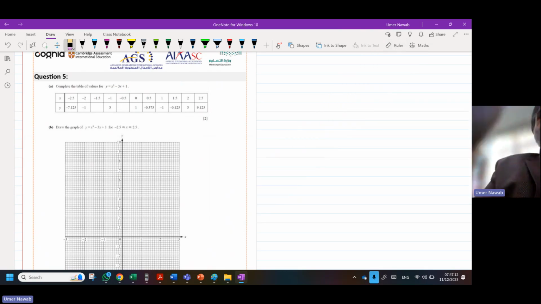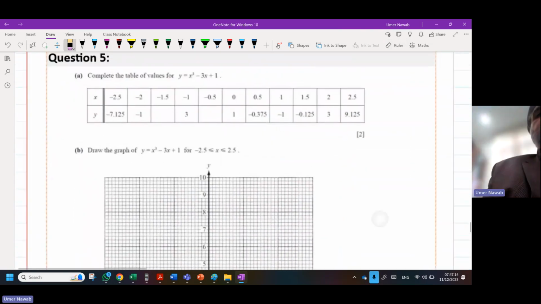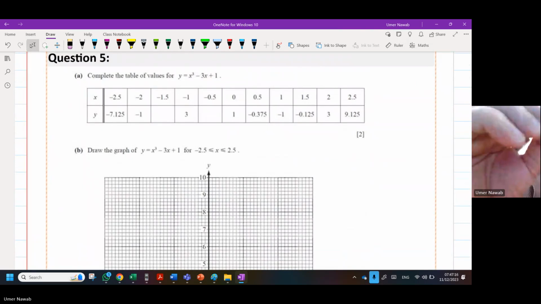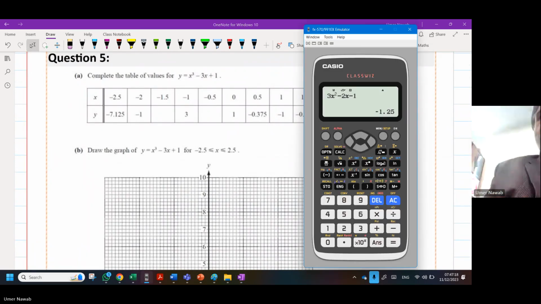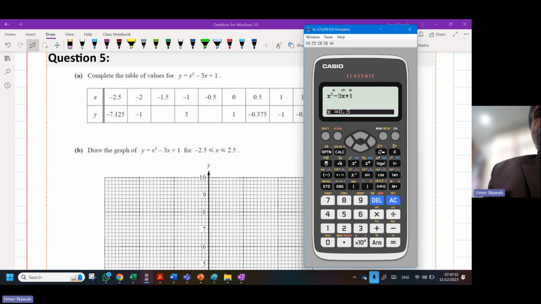Let's try to complete our table. We need to write our equation into the calculator. Minus 3x plus 1, calc. Substitute minus 1.5.